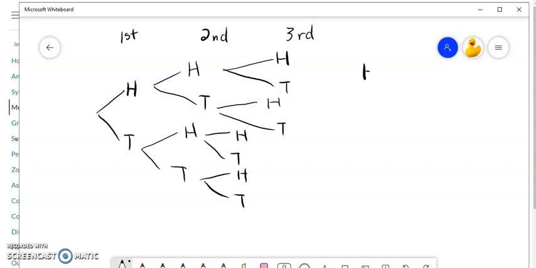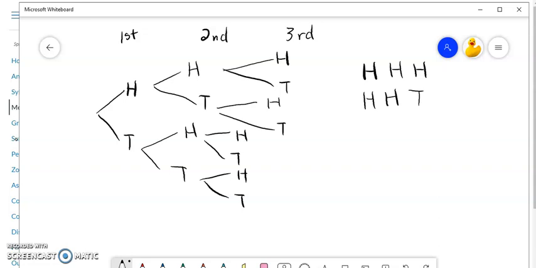If I started with a heads on my first toss, I could have then gotten another heads and maybe a third heads. Or I could have had a heads and a heads, and then a tails on that one.